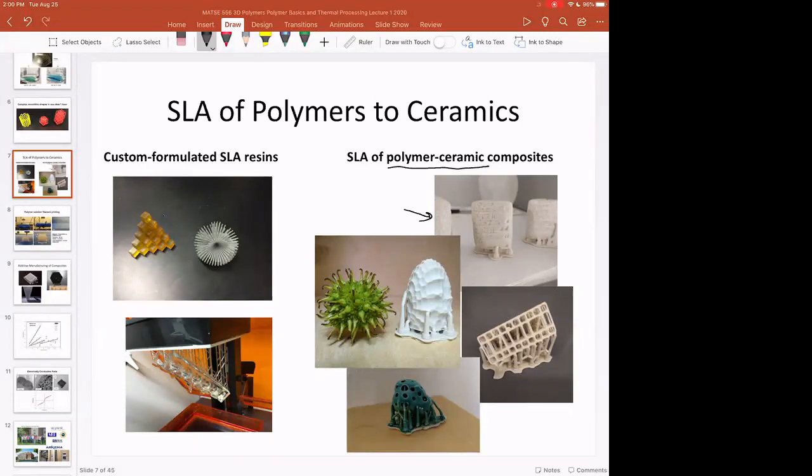So this already is a composite, same with this lattice structure, same with this glazed ceramic right here. There's a lot of ceramic science and a lot of colloidal science. You have to modify both the polymer and the ceramic particle in order to get this to work. So right away, for off-the-shelf things, you have issues of composites that you have to deal with if you want to make these SLA type ceramics.